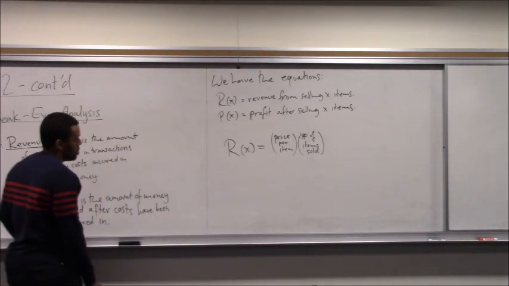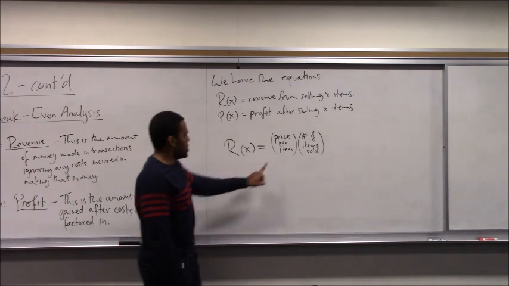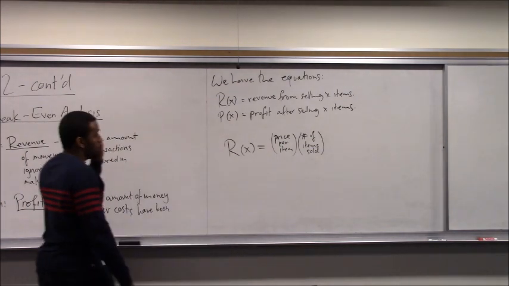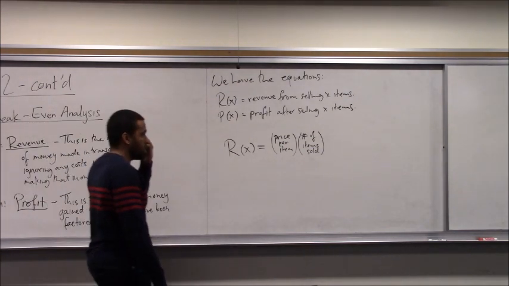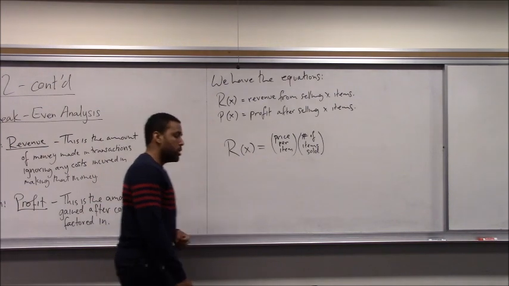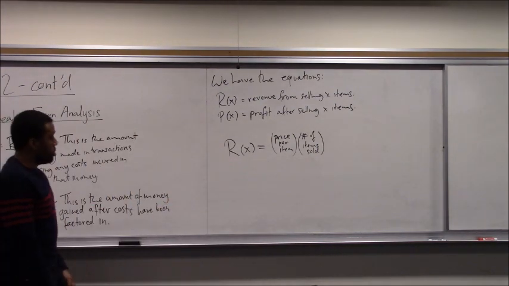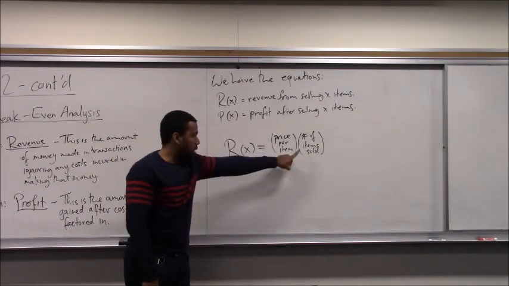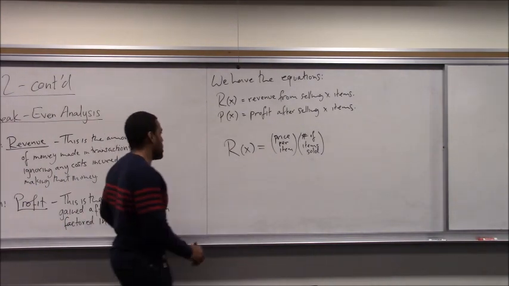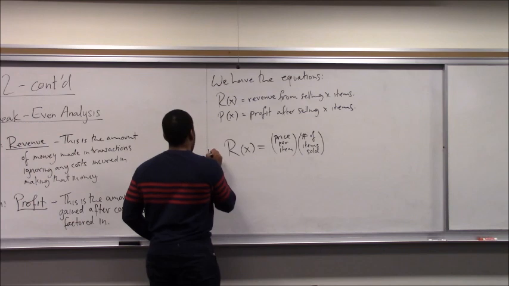So that's going to be it. And we'll talk about the price later as well when we get to economic functions. There's going to be factors that go into us choosing the right price. But once we have picked a price, multiply that by the number of items we sell, that will be the revenue. So that is the first equation.